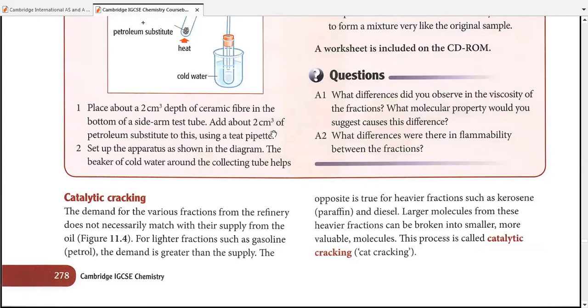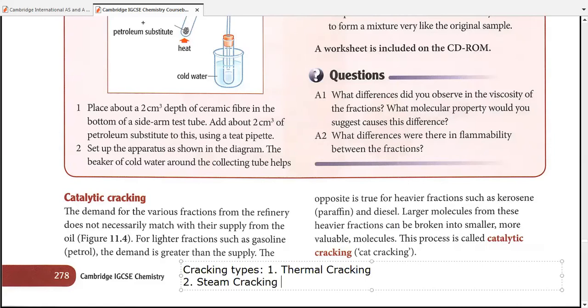Now, cracking has three types. I'd like to write the names over here, and I would like you all to also write that at the bottom of the page. Cracking is defined over there, but cracking types are actually three. Number one, thermal cracking. As the word thermal suggests, we crack the material with the help of heat. Number two is steam cracking.